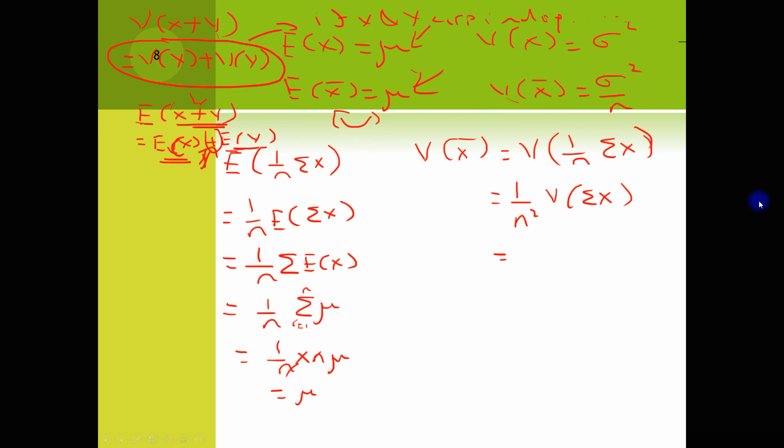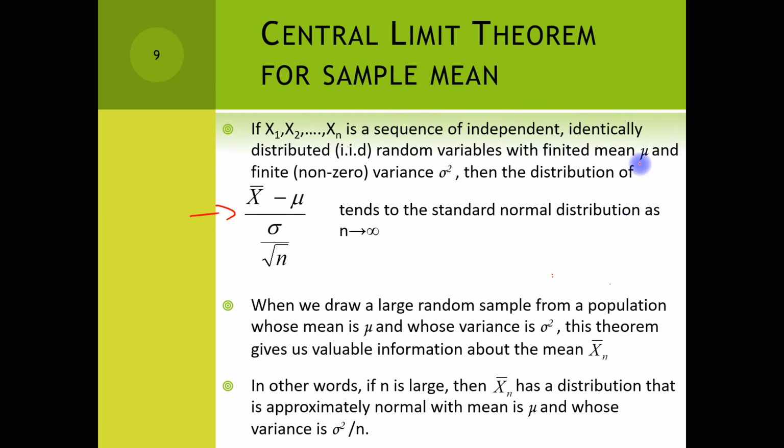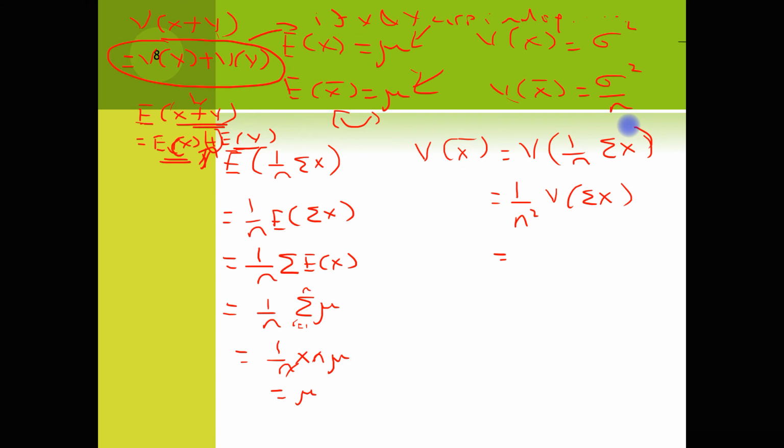But in this context, you have to understand that your x are identically and independently distributed, as we have stated here. X is a sequence of independent, identically distributed random variables. The word says a lot about it. If they are independent, x1, x2, x3 are independent.